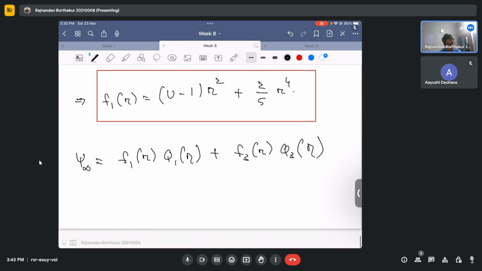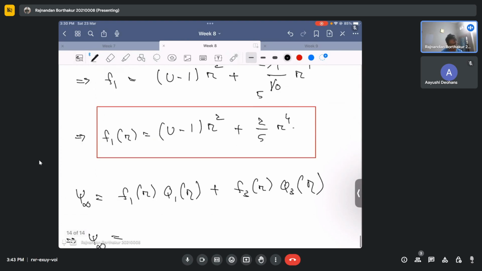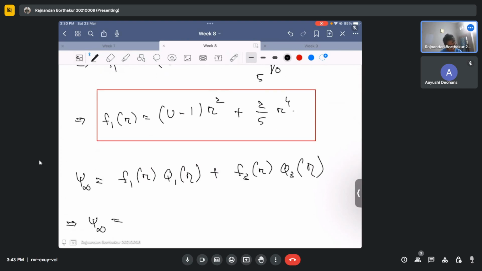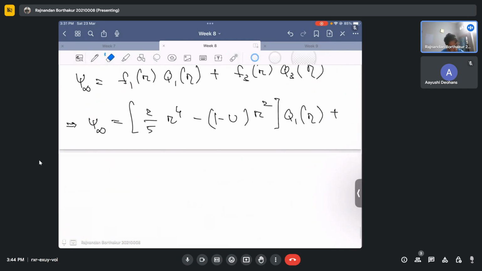Okay, and if you substitute the values of f1 and f3, f1 is basically this, so I write something like this: 2 by 5 r power 4 minus 1 minus u, into r squared, times q1 of eta, plus I have f3. F3 is minus 2 by 5 r power 4 times q3 of eta.